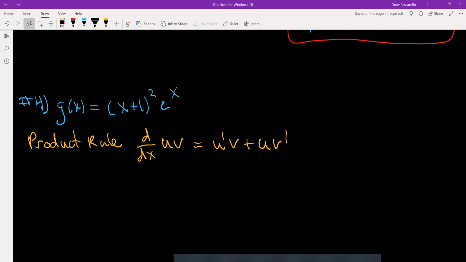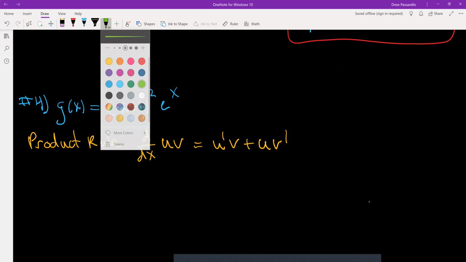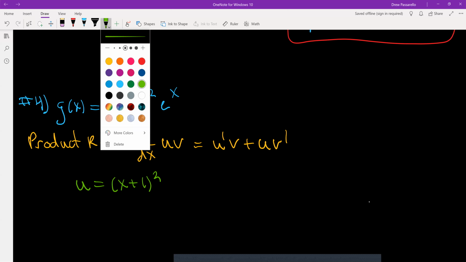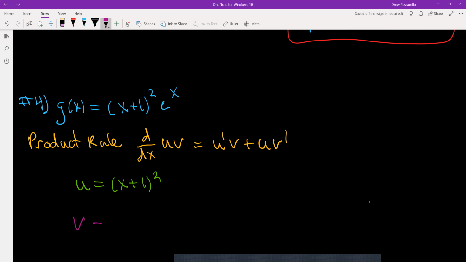And in this case, u is going to be the x plus 1 squared, and then v is the e to the x. So we have to find u prime.